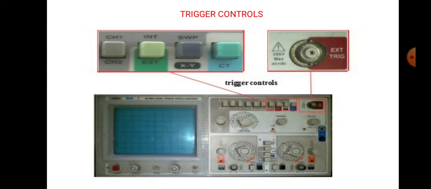This is used for the triggering option. And level: it selects the voltage point on the trigger signal. This is the trigger control.